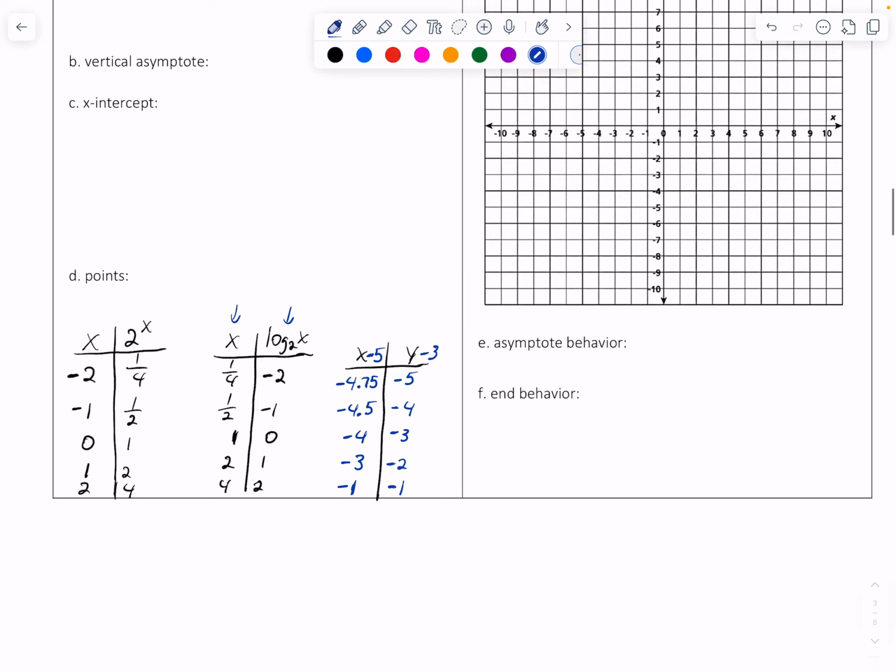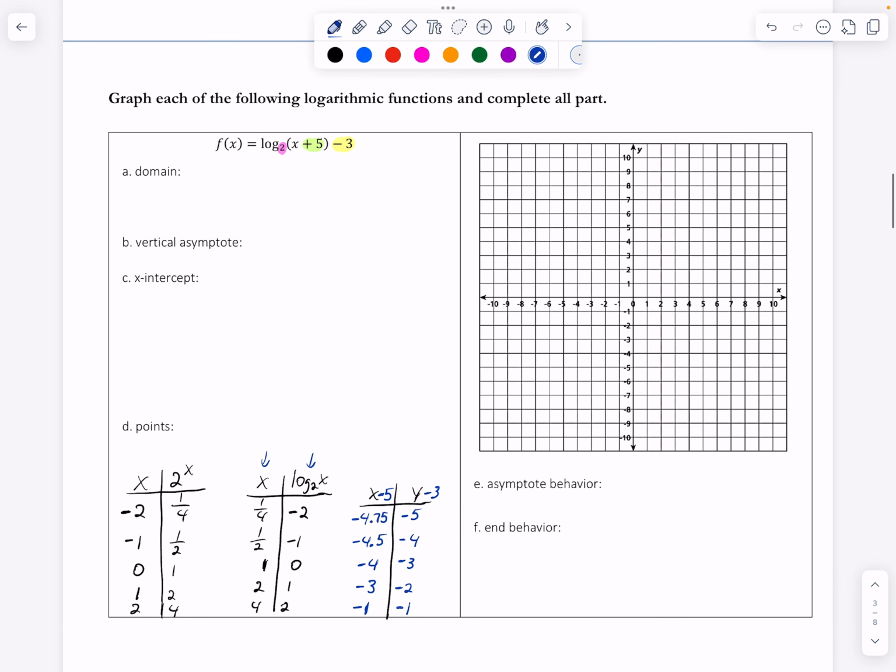All right, so I'm going to plot these new ones here, which is about there. -4.5, -4, -4, -3, -3, -2, -1, -1. So it's going to look like this, and I'll do my asymptote in a second. But this is what our new logarithmic function is going to look like.